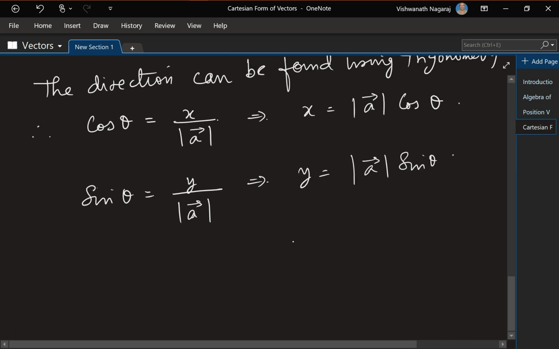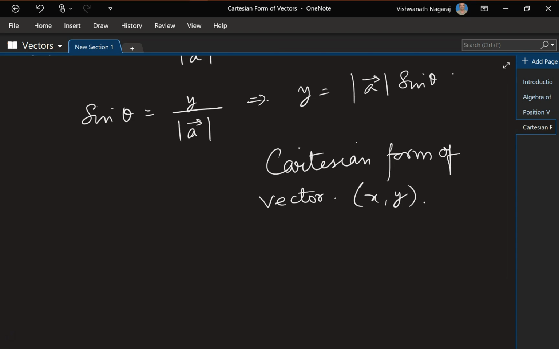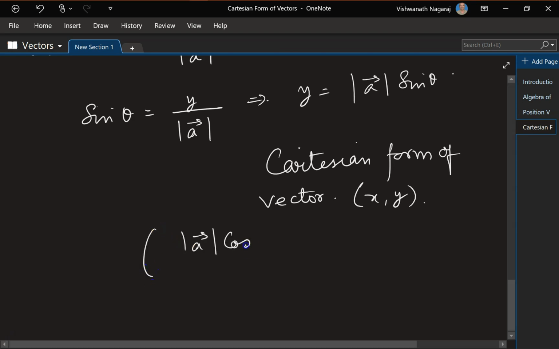So if we have to use the Cartesian form of vector, we have to use x and y. Now if we are given a vector, to convert it into x comma y, we have to write it using cos theta comma sin theta.